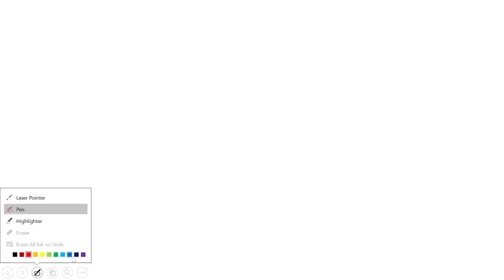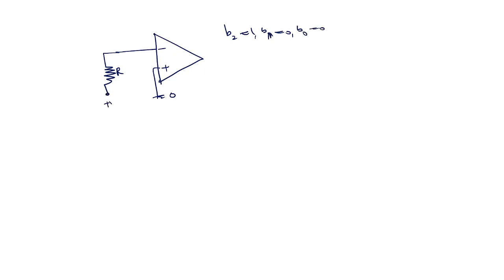Okay, all right. So these are the things which you know, but for the people who don't know a little bit about it, I'm just highlighting the fact. Minus plus, this is ground 0. Then you have R. Since B2 is 1, B1 is 0, B0 is 0, that means this is connected to plus V reference.